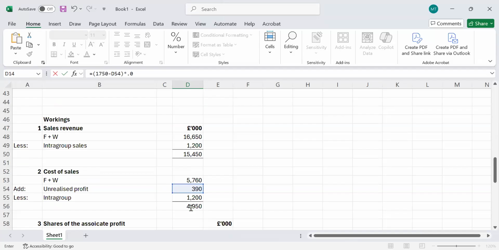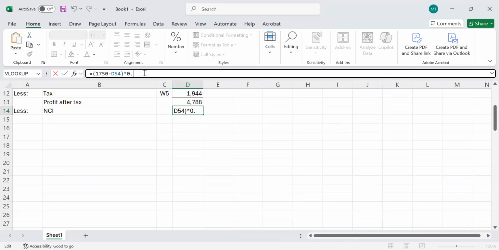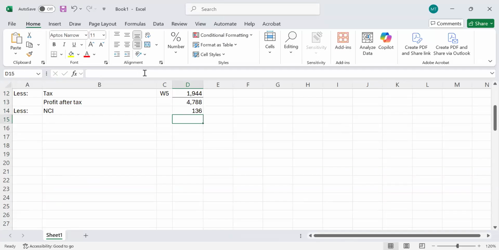So 0.1 will give you only 136. That is the NCI, which we will remove from here to arrive at the final figure, which I will show you in a minute. 4652 is profit after tax and NCI.